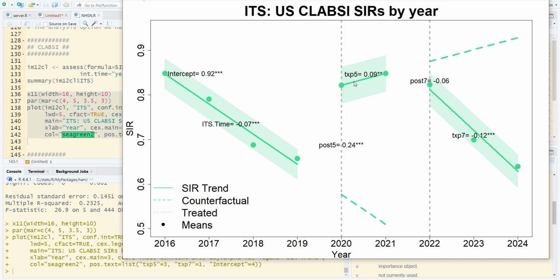Our trend TXP5 also increases. That's significant as well. That's almost 1/10 point. Only 2 years there, so it only increased by that much in 2021. And now we look at the shift starting in 2022, the second dashed gray vertical line.